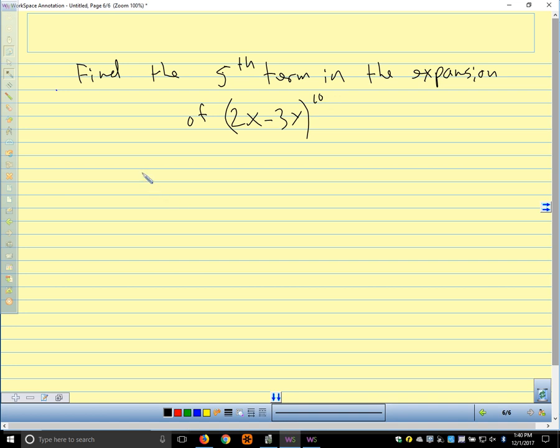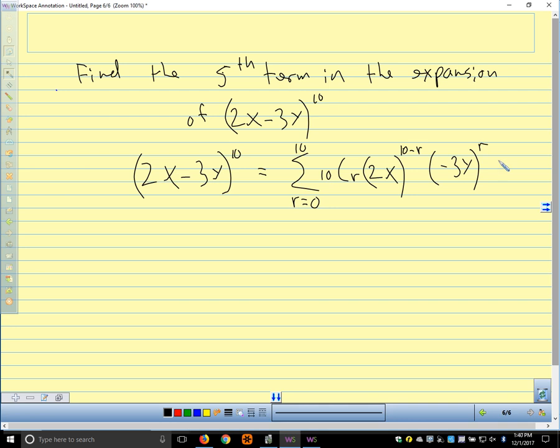We know that (2x minus 3y) to the 10th, by the binomial theorem, is the sum, r equals 0 to 10, of 10 choose r, (2x) to the 10 minus r, times (negative 3y) to the r.